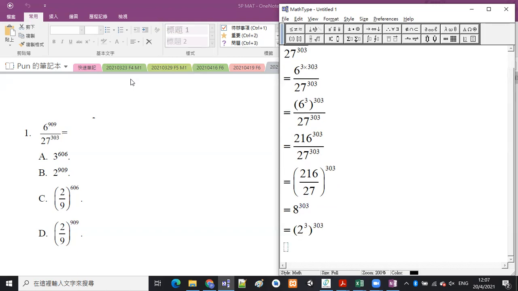It's like this. Finally, we have power of power. Then we may use the laws of index to multiply their powers together. So I keep the base number to be 2. And then the index becomes 3 times 303. That should be 909. Yes. Okay, so the answer is option B.